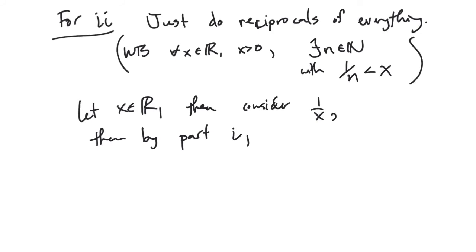Yeah. So it's going to be a natural number bigger than a real number? Yeah, part 1 says no matter what the real number is, there's a natural number that's bigger. So in this specific case, if I'm considering 1 over x, I can say there exists n such that 1 over x is less than n. That's what part 1 says. Any real number has a natural number that's bigger. All right.